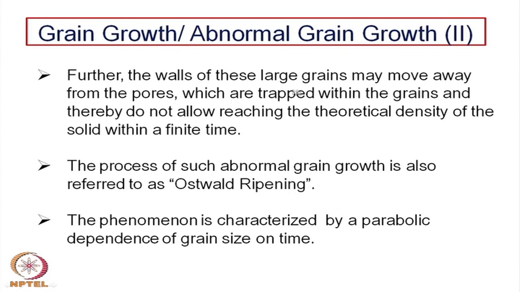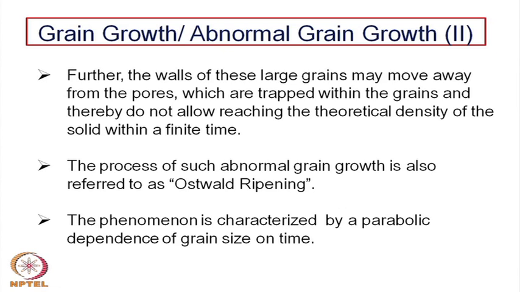The walls of these large grains may move away from the pores, which are then trapped within the grains, and thereby do not allow reaching the theoretical density of the solid within a finite time. Now, this is the problem of abnormal grain growth. When there is abnormal grain growth, the walls of these large grains may move away from the pores, so the pores get entrapped within the grains.